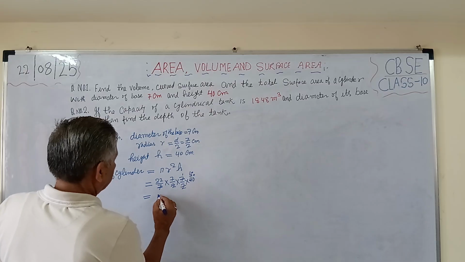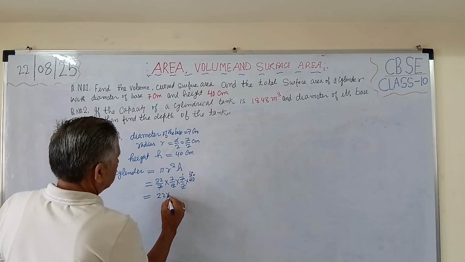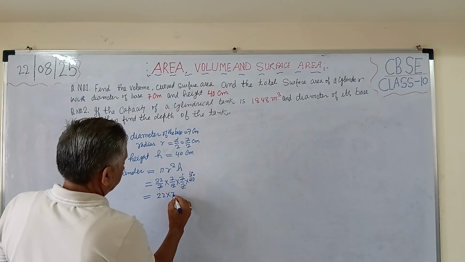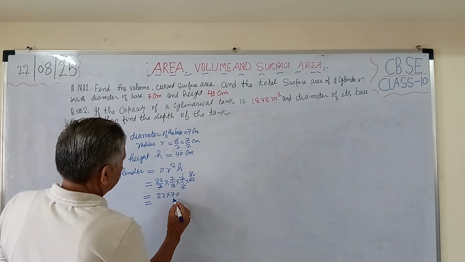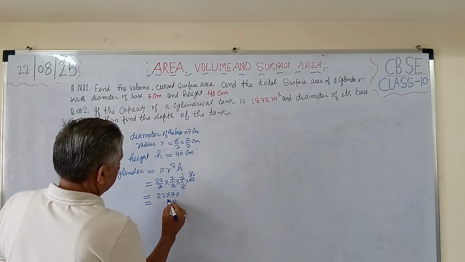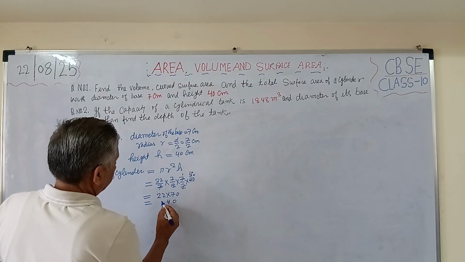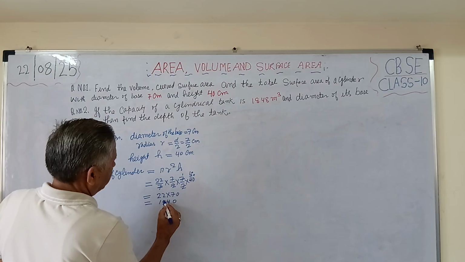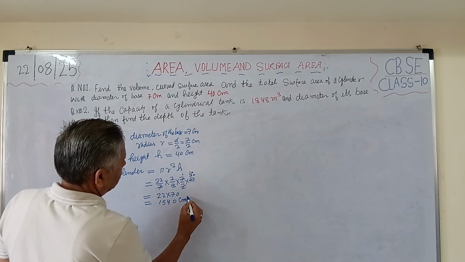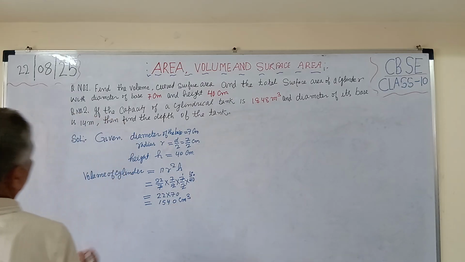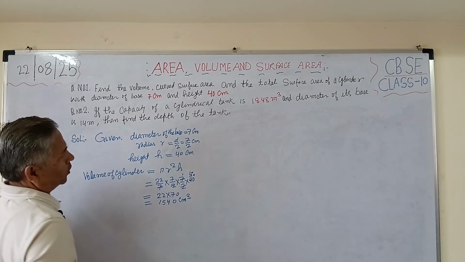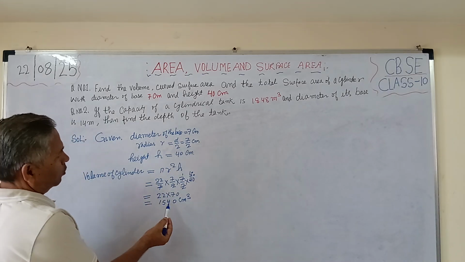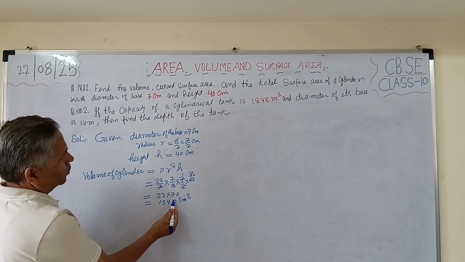So we are getting 22 into 70, that equals to 0, 7 2s are 14, 7 2s are 14 plus 1, 1540 centimeter cube. Now the volume of the cylinder, by using the formula pi r square h, comes out to be 1540 centimeter cube.